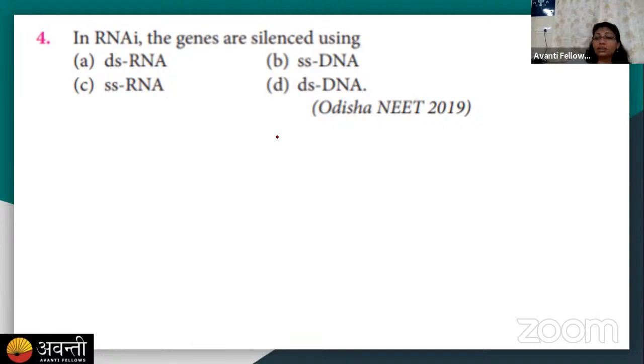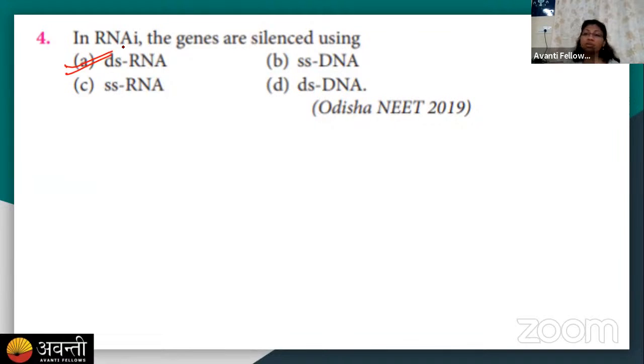Okay, so as Davangiri has already answered, it is option A, right? It is option A. Because what is happening here? We are making a strand of RNA complementary to our RNA. For that, we have to introduce another RNA.